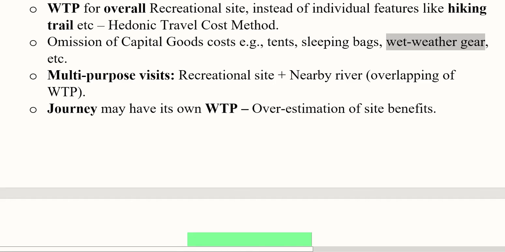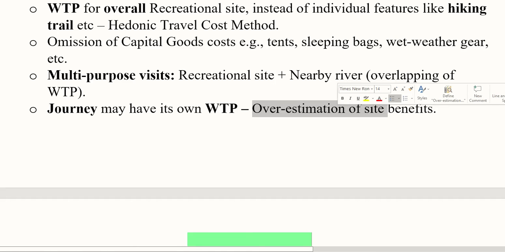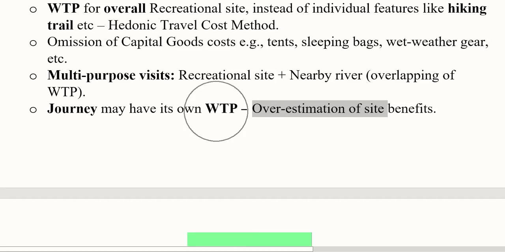So this way we get the site benefits overestimated, because the WTP of the journey itself is also included, and that's why the calculated recreational site benefits, or WTP, is overestimated.